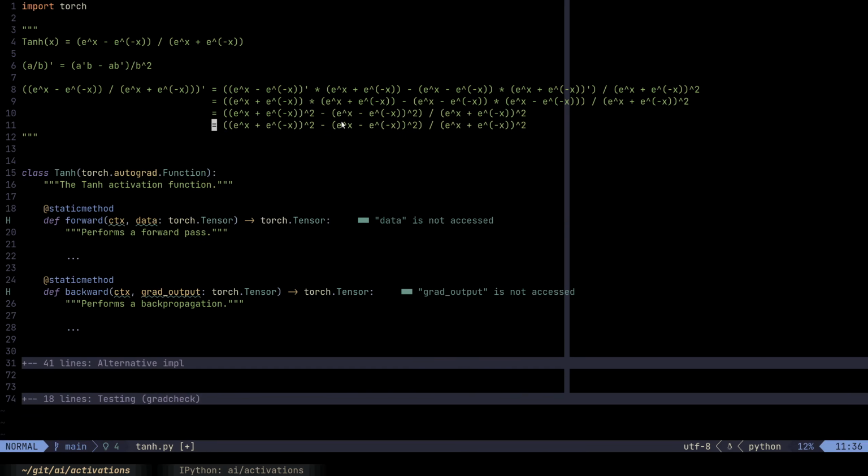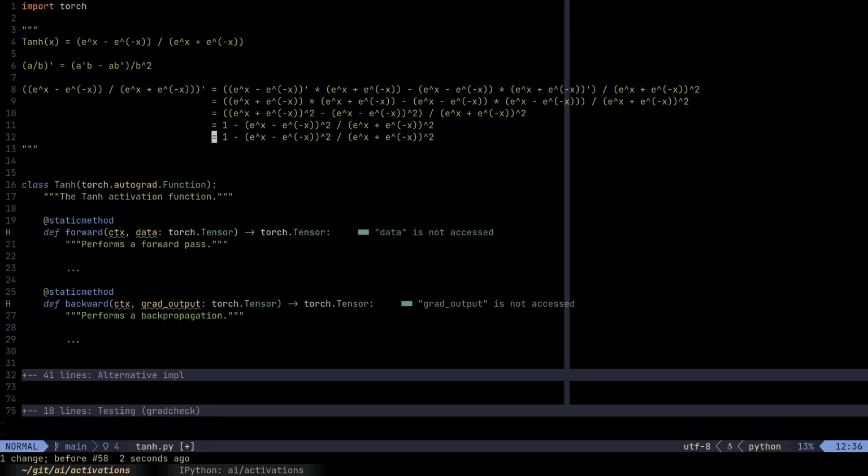Now, notice that this is the same as this right here, so this can be even further simplified. So we can say this is 1 minus this squared over that squared. We can even further simplify this, right? Because it's square over square, we can say we divide this over that.